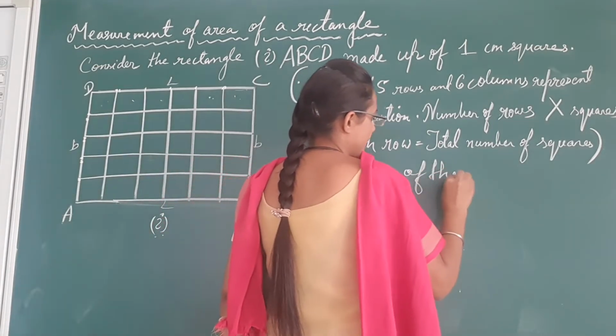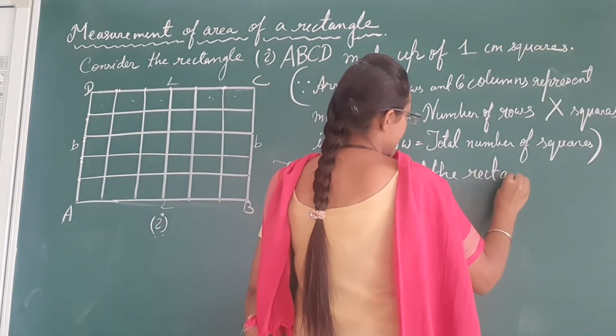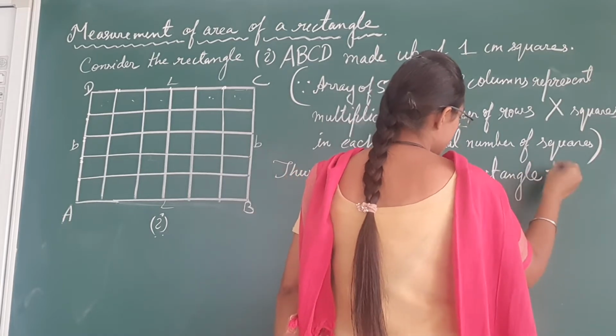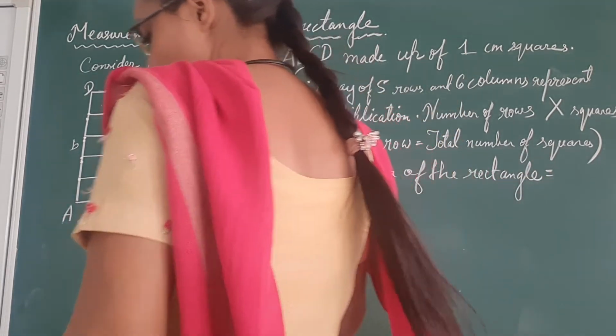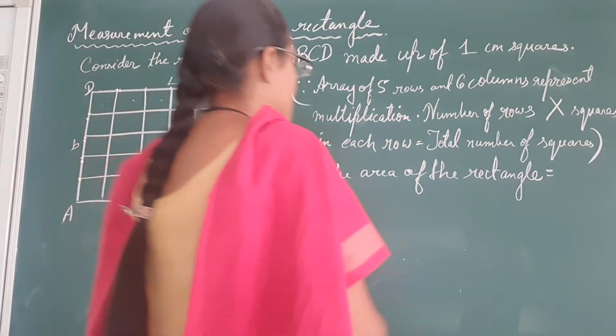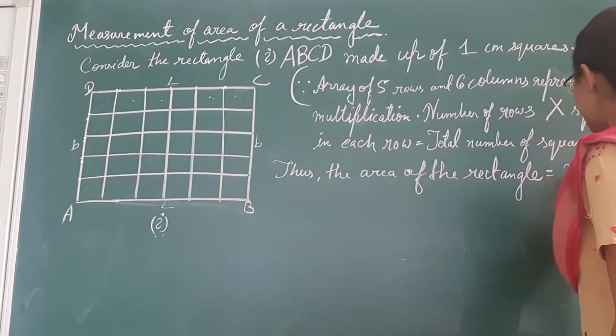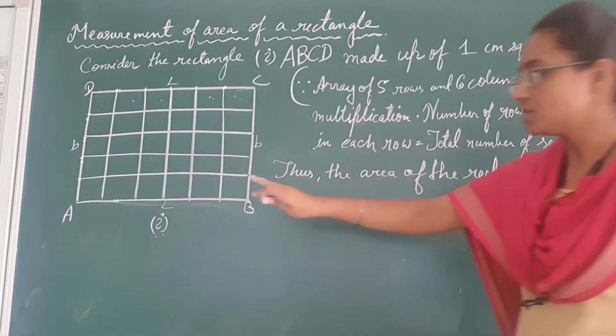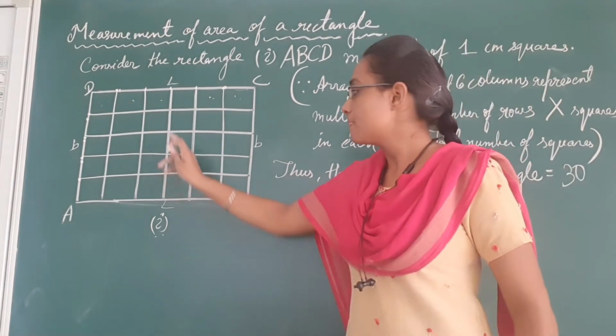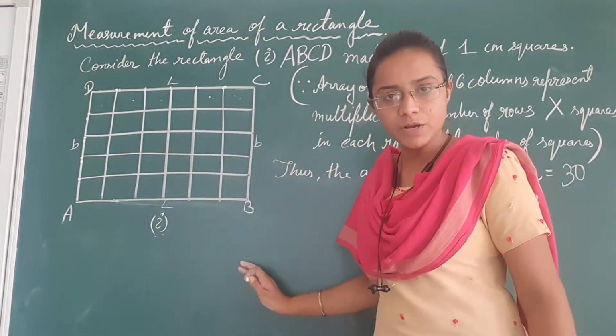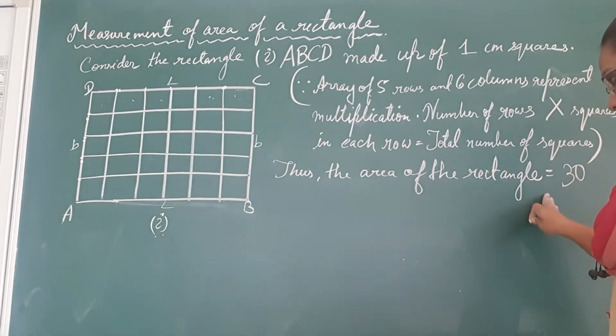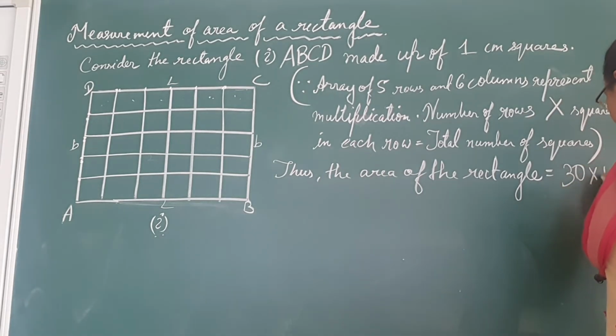The area of the rectangle is equal to, first of all, we counted the squares one by one. There are 30 squares, and that makes the square units, square centimeters.